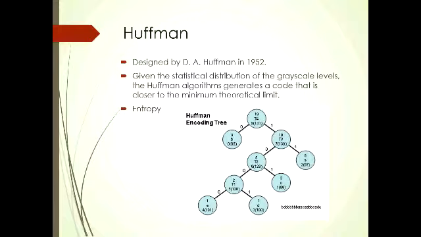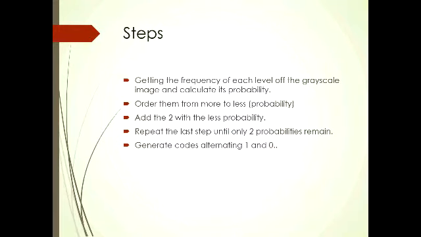In this image we can see an example of a Huffman encoding tree. As we can see, it uses zeros and ones to represent the data codes. It's a variation of the variable length codification.